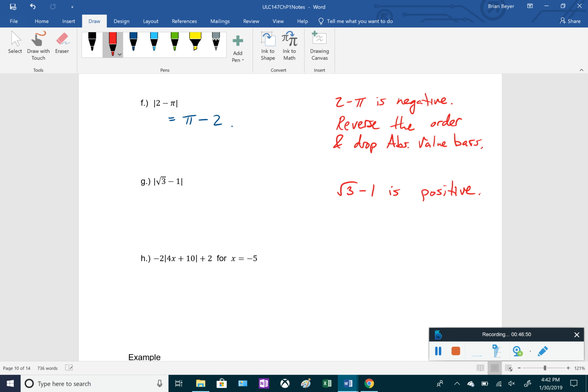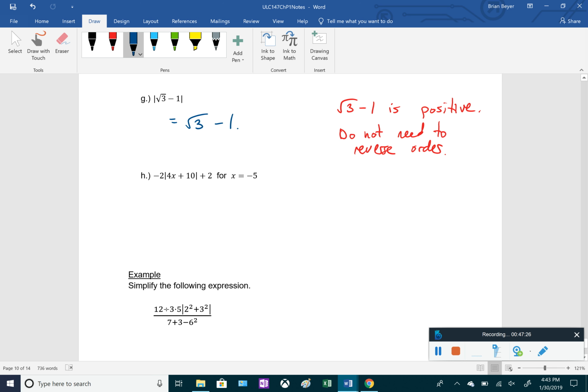So that means we do not need to reverse the order, but we can just drop the absolute value bars and we'll be good. So this just equals radical 3 minus 1. There's nothing wrong with that. I know it probably looks messy, but that's completely fine. There's no other way of writing it where it's 100% accurate because we would have to round if we use the decimal.